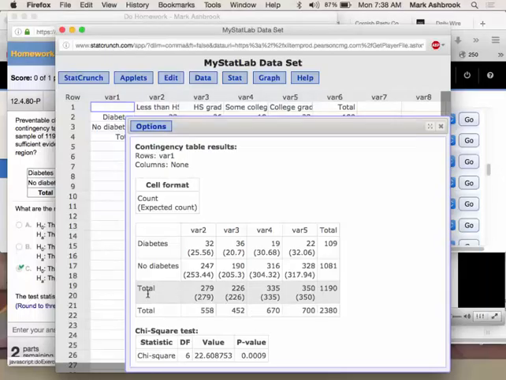Shouldn't this be the bottom row? Yes, you have to delete the total row from the spreadsheet. This is supposed to be the total of these two, and then it did another total row, so we did something wrong. Let's try again.